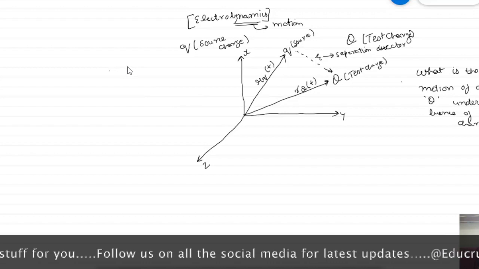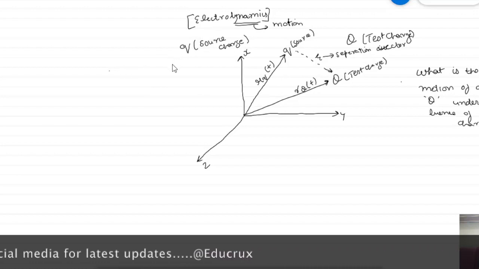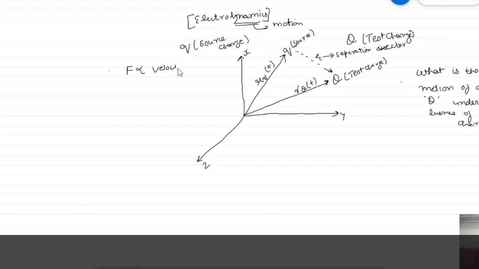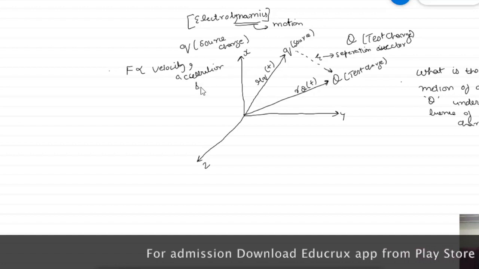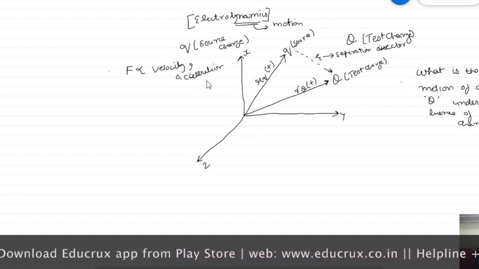So when we study electrodynamics in a realistic scenario, my force will depend on the velocity, acceleration, and the separation vector.